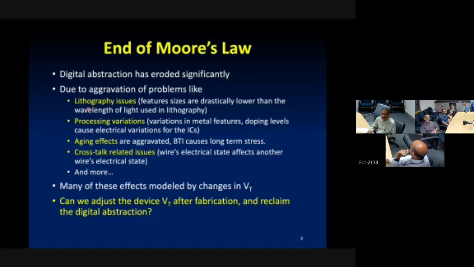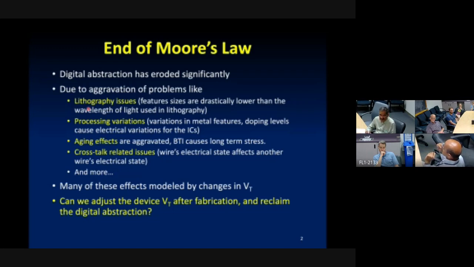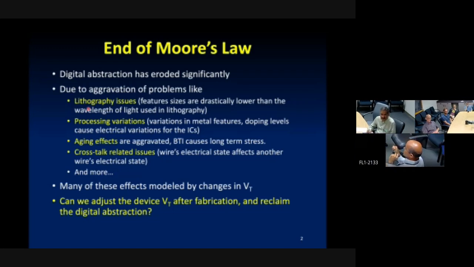So the question we can ask is, irrespective of what effects are going on, can we get a knob that allows us to change the VT after the fact and get it to exactly where we want it, so that I get the VT I want and I'm off to the races?